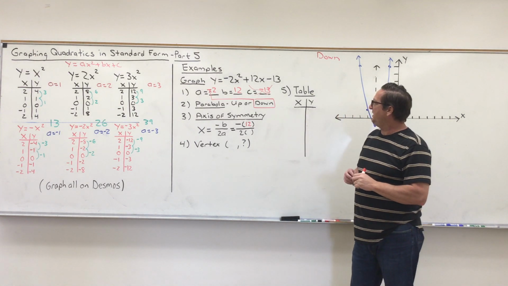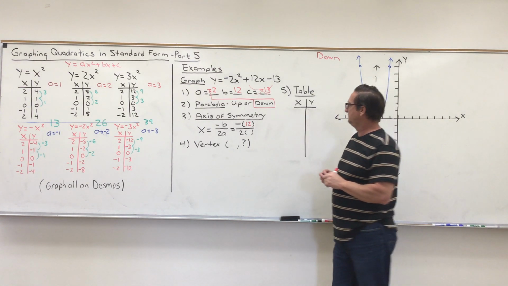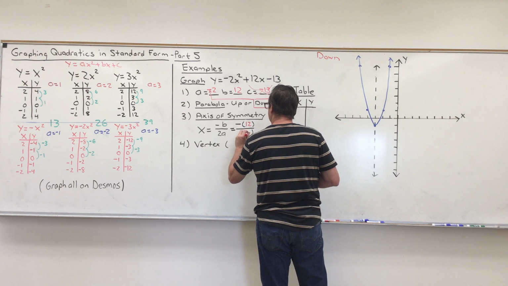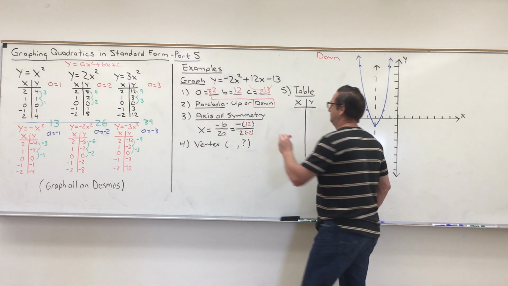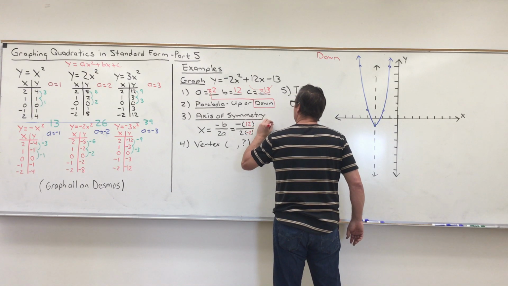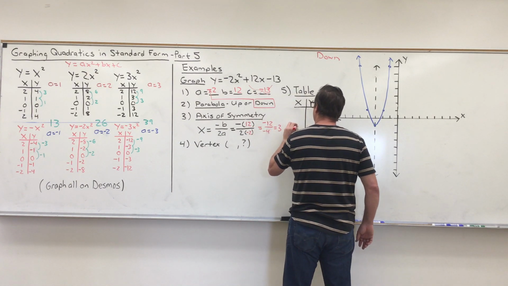We have B is 12, A is negative 2, negative 12 over negative 4 is 3.